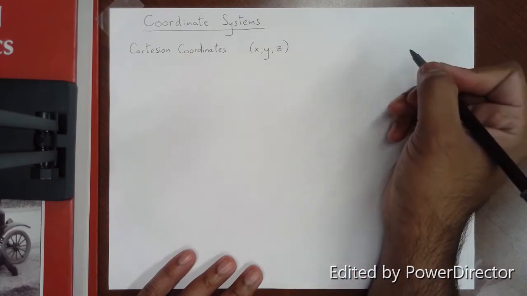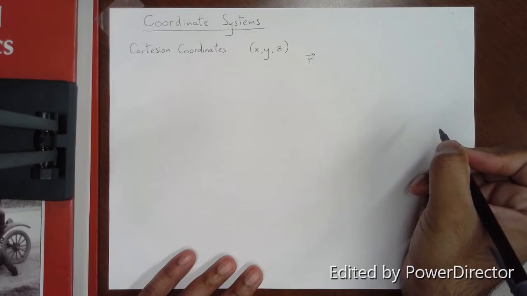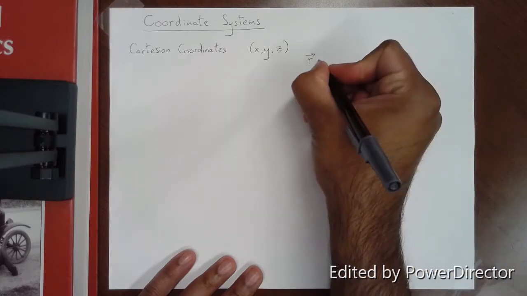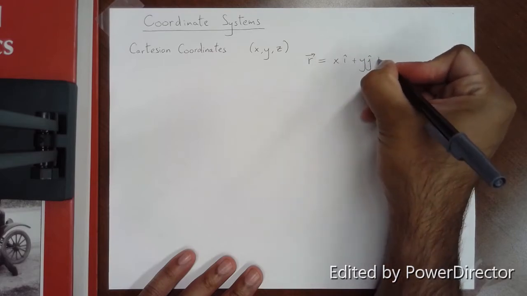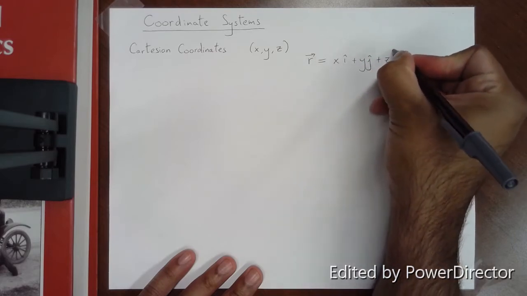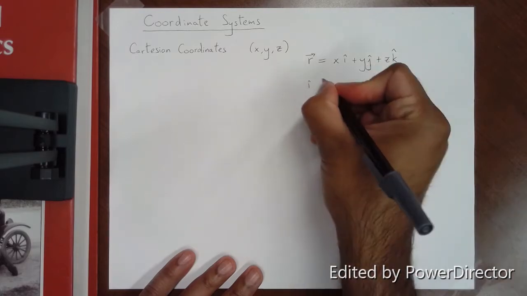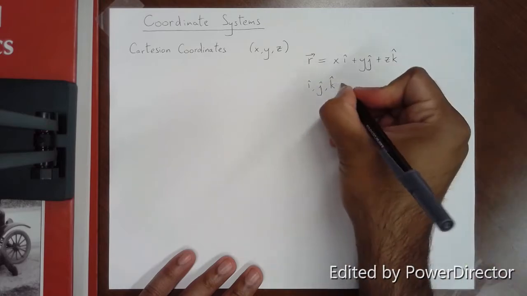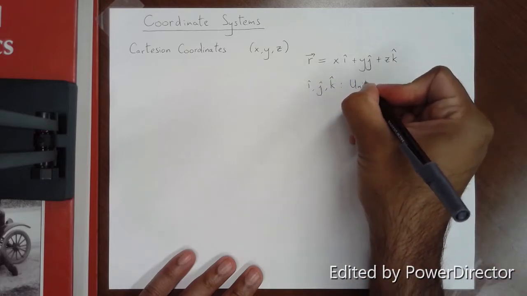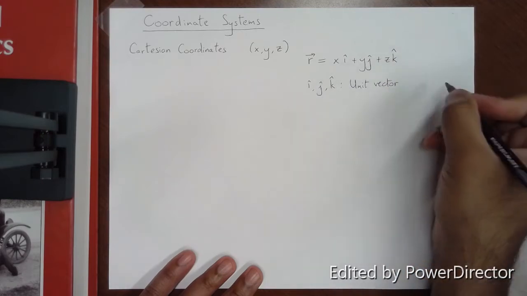In these coordinates, the position vector, traditionally denoted by r vector, can be written as x i hat plus y j hat plus z k hat, where i, j, and k are the unit vectors pointing in the positive x, y, and z directions respectively.